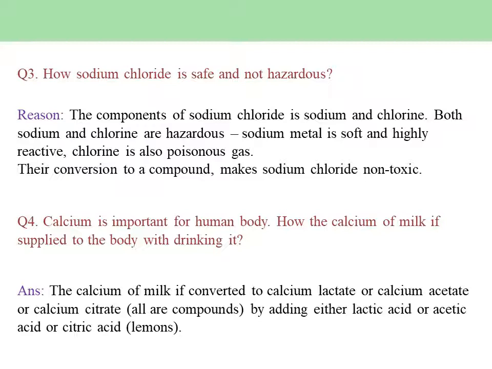The calcium will leave the milk, the liquid portion, and will be precipitated as a solid substance. And we can filter that, and the solid substance we can have as a calcium source. It's a very good calcium source. Okay, moving on to the next question.